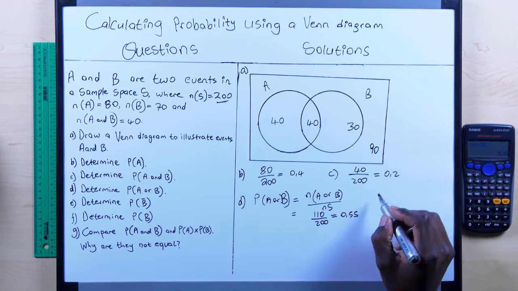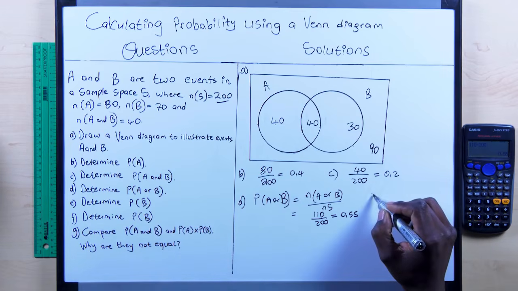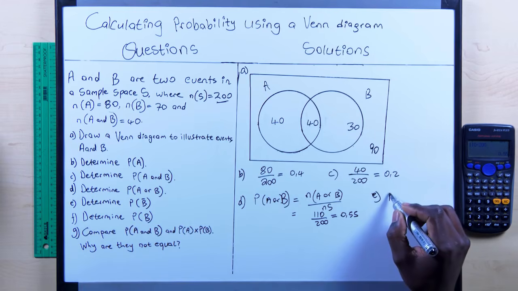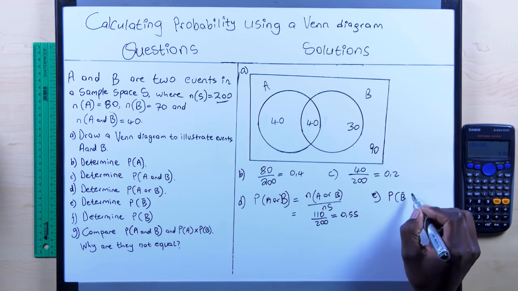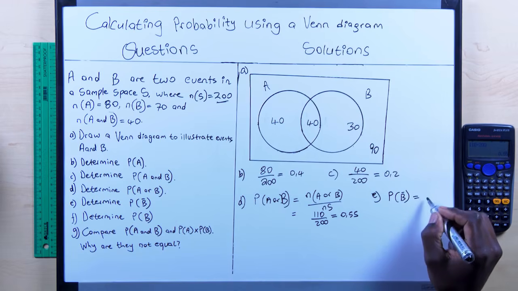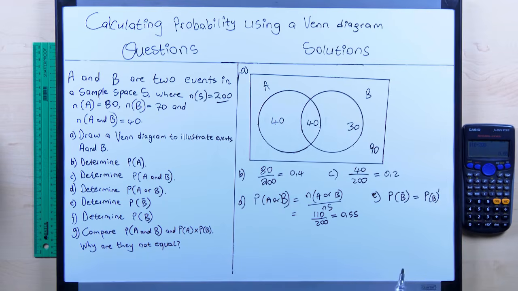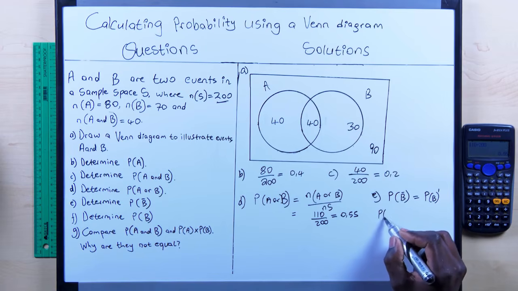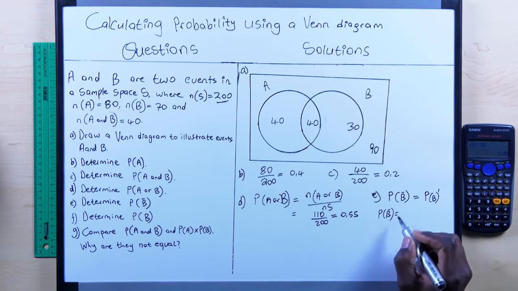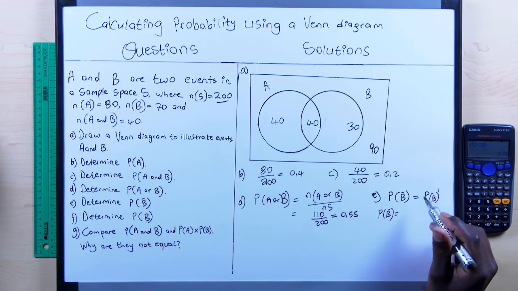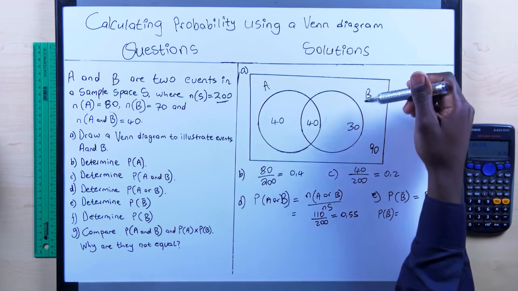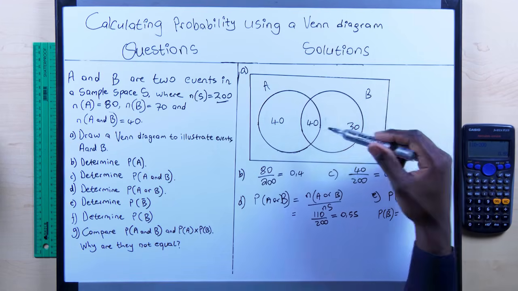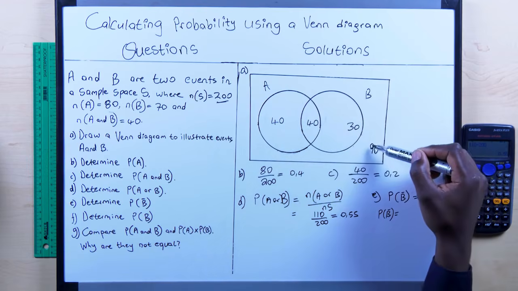For E, you need the probability of B prime. This is also the same as that, which therefore means that we will have 130. Why is it 130? Because we are focusing on B. So what is happening here is that we're looking at this 40 and the 90.